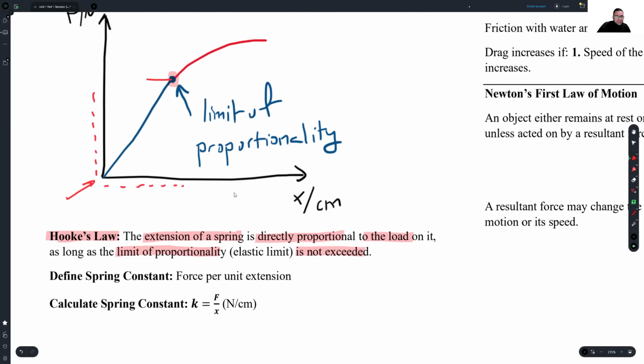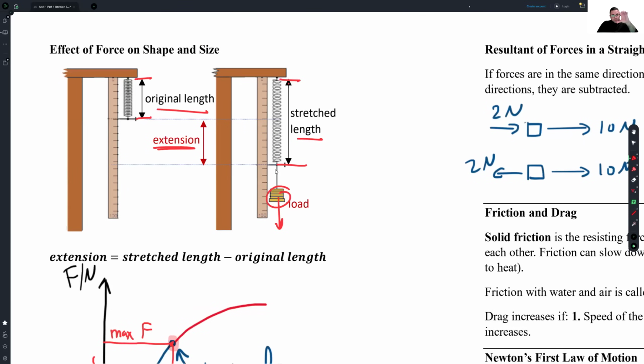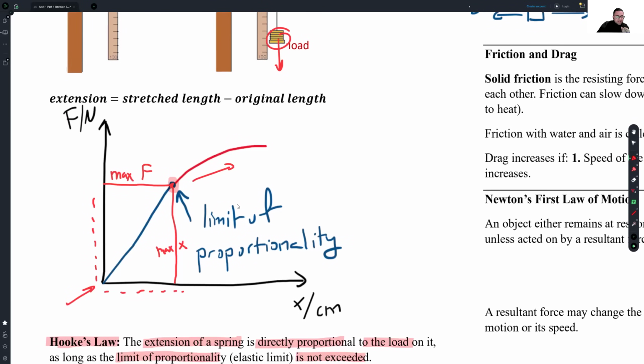This is the maximum force or the maximum extension that the spring can handle and still go back to its original length. Because if you remove the load, the spring should go back and contract to its original size. If you exceed the limit of proportionality, the spring permanently deforms.